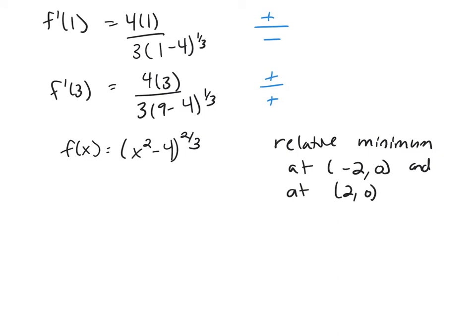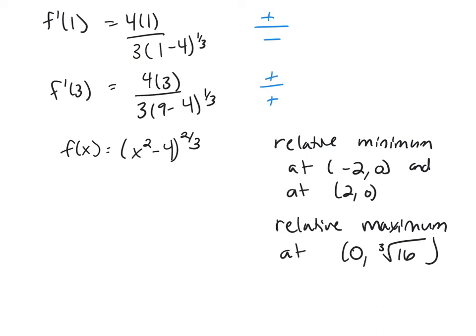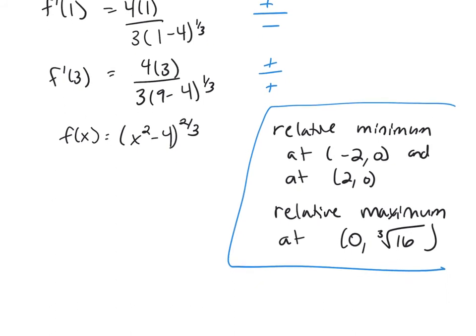And when x was 0, we had a relative maximum. When x is 0, then you're taking the cube root of 16. So there are my relative minimums, and there is my relative maximum, using the first derivative test.